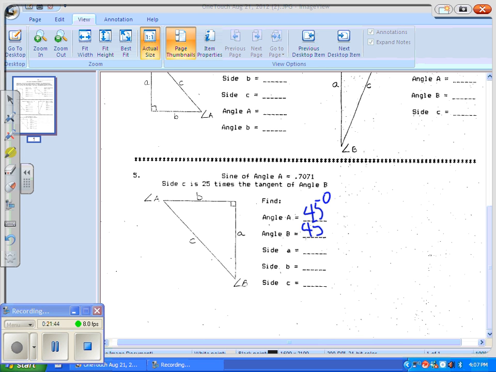So side C is 25 times the tangent of angle B. What's the tangent of 45 degrees? 1. Okay, so we know that the hypotenuse is 25. So we know that the sine or the cosine, doesn't matter, is 0.7071, right?